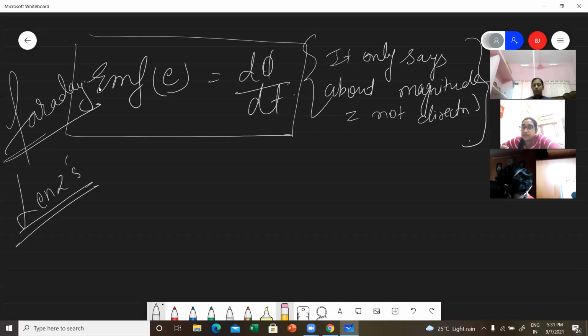Lenz told us that true, the current is produced, but if you just think about it, if so much current goes through the circuit, because current is what? My electron flow, as we know it. Electron flow means heat.